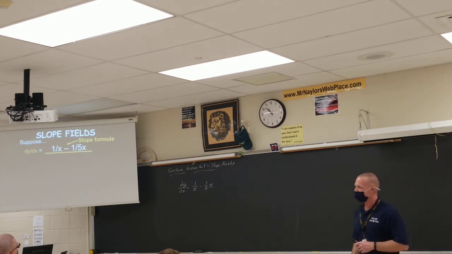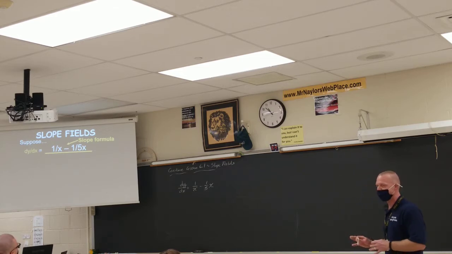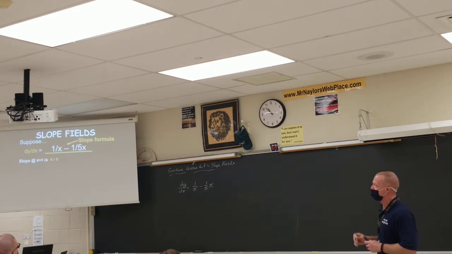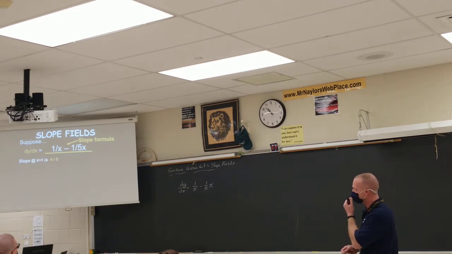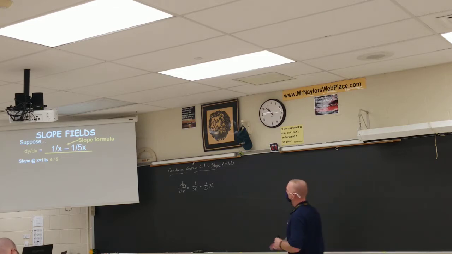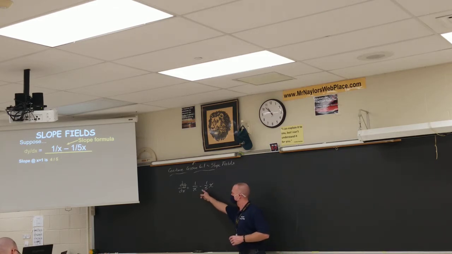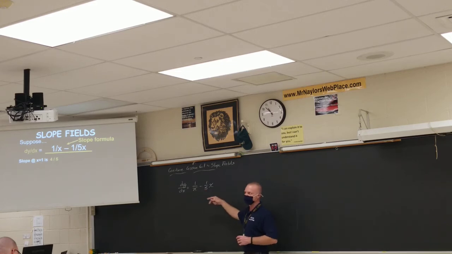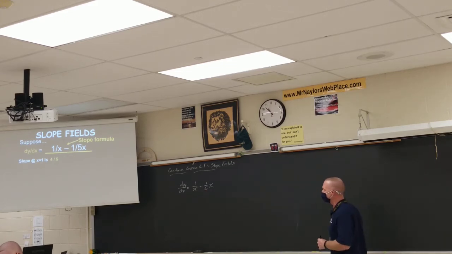Okay, let's do the easy part. Let's plug in. You say, what do you mean plug in? Well, x values. Okay, now we're just going to kind of do this mentally. Some people will punch this in their calculator, but most of the numbers I'm showing you, you don't need to plug in your calculator. If you plug in 1, you get 1 minus a fifth. 1 minus a fifth. So I already gave you the answer, but it's 4/5.